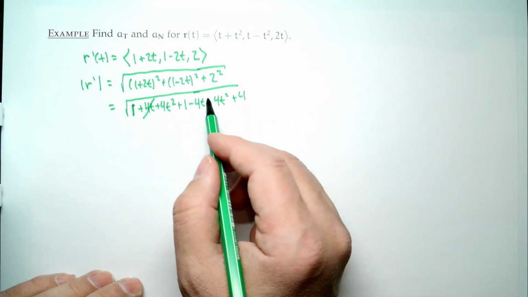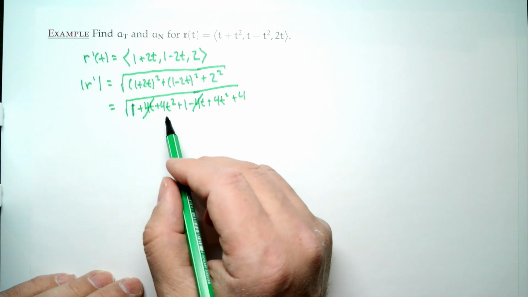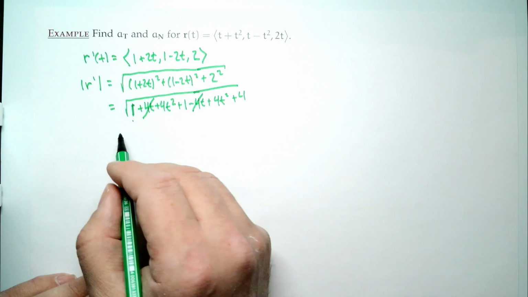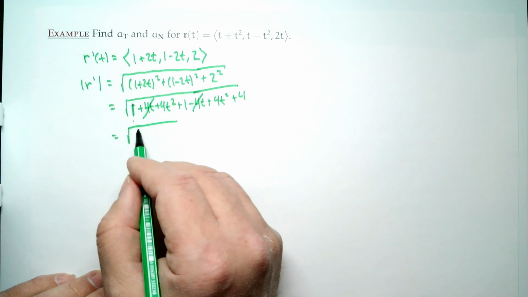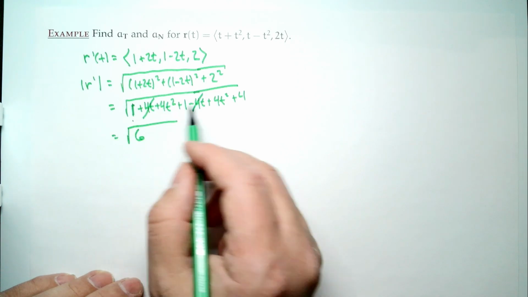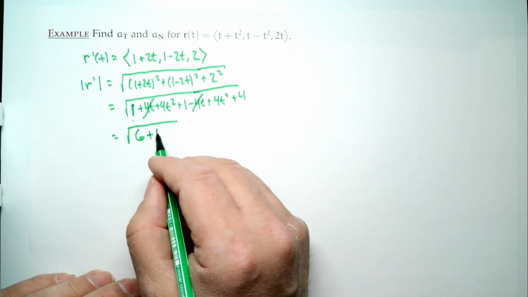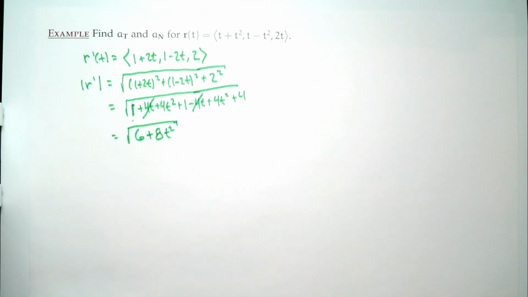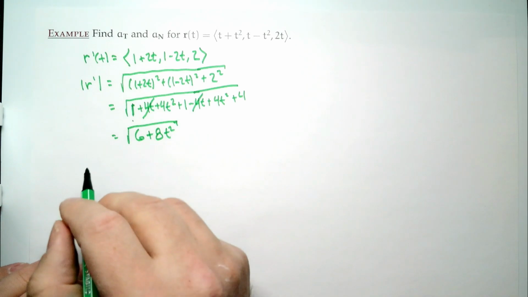And the 4t's cancel. And now you get some addition. 1 plus 1 plus 4 gives you 6. And 4t squared plus 4t squared gets you 8t squared. And there's not really much you can do with that. It is what it is. Square root of 6 plus 8t squared. Okay, that's fine.